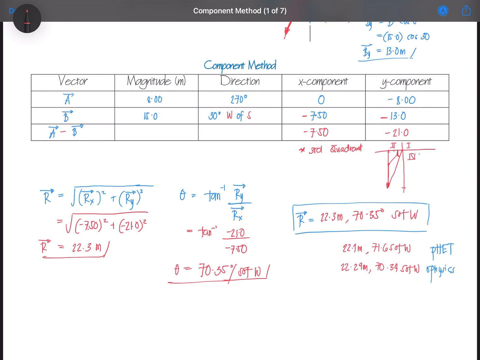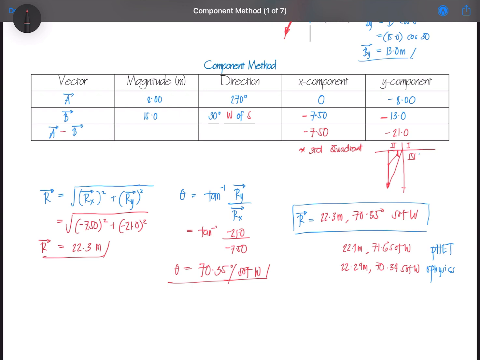And so if we compare that with our graph from the previous videos, we had from the PhET simulation 22.1 meters, 71.6 degrees south of west. They're quite near. But what's nearer is what we got from O Physics, that's 22.29 meters, 70.34 degrees south of west. So it shows how we compare the values we get from the component method and from the graphical method.